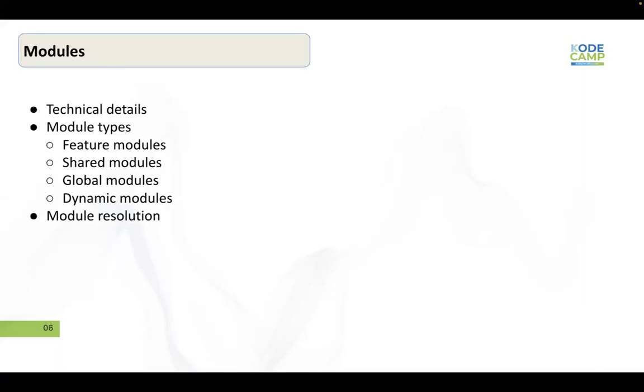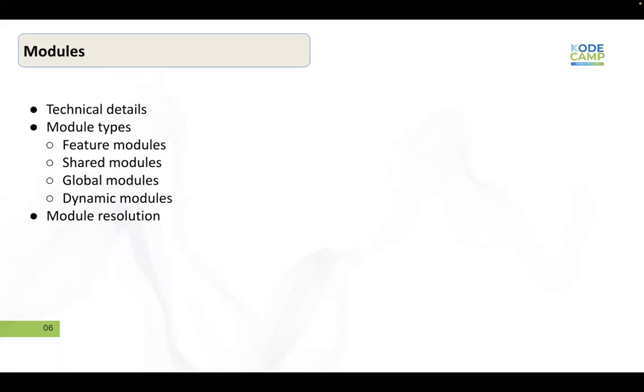So today, we'll be completing modules. Then we'll move over to other things. We'll complete the NestJS introduction today. We talked about the modules' technical details, and then moved over to module types.